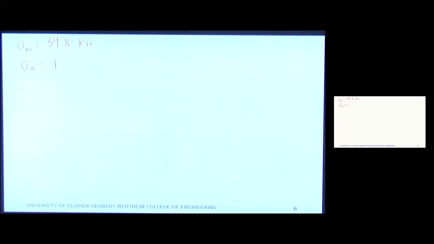It's 1.4 because we calculated it was 1.4 at 10 to the 5th cycles, times the 39.8. So now we come up with 55.7 KSI as our amplitude. And now our maximum is sigma mean plus the amplitude, so it's 39.8 plus 55.7, 95.5.